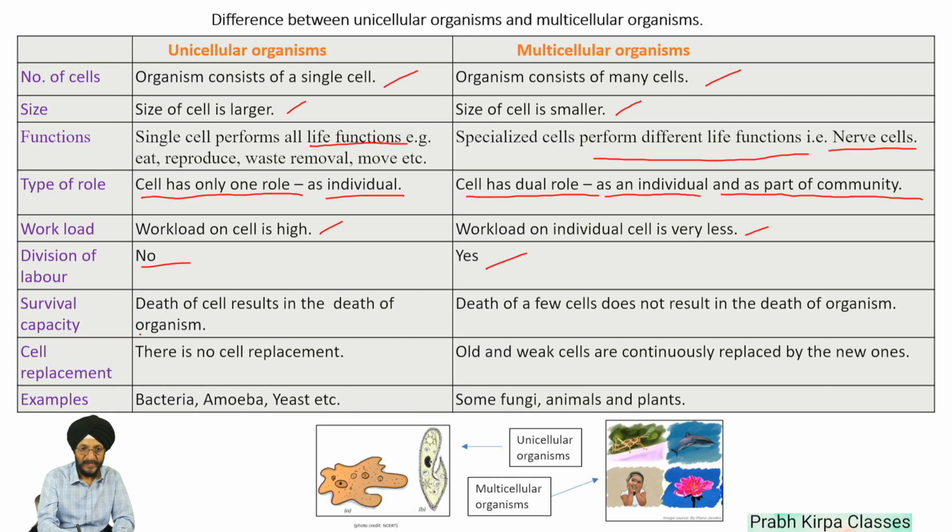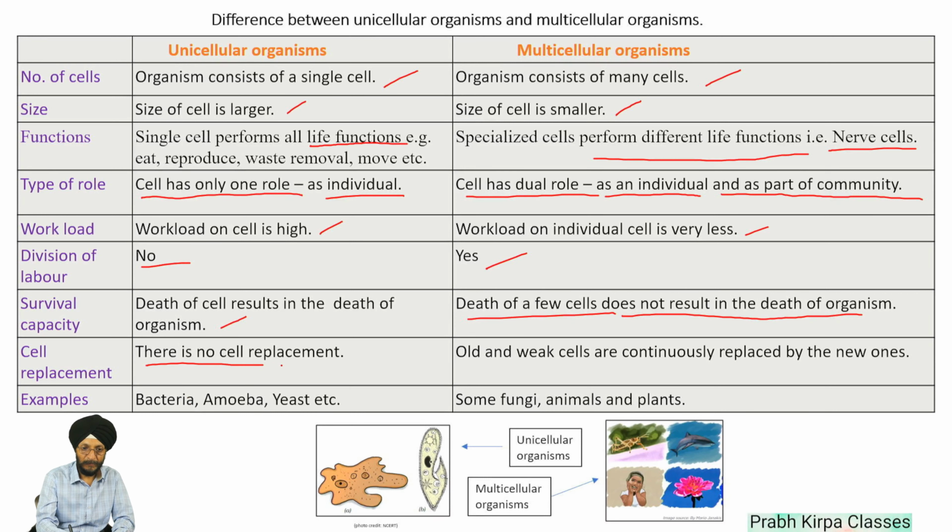Next is, in the case of unicellular organisms, death of the cell results into the death of the organism because there is only a single cell. But in the case of multicellular organisms, death of a few cells does not result in the death of the organism.